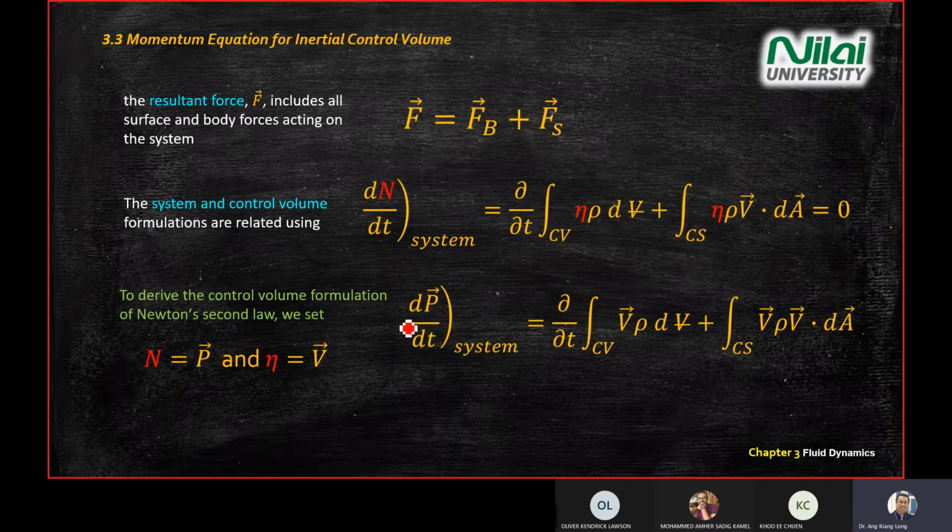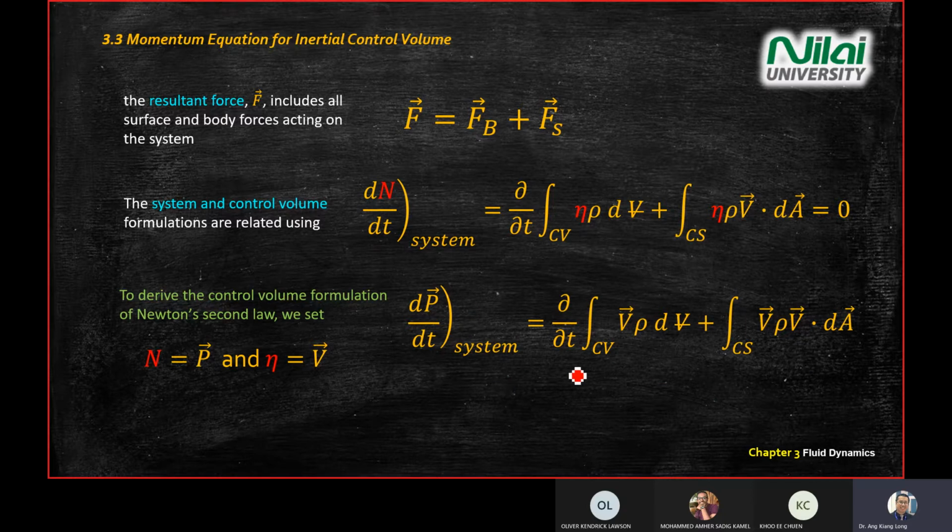The rate of change of your momentum equals what happened in the control volume plus what happened in the control surface. So remember the form. If the question asks you to find something and you write out the continuity equation and momentum equation, you will get the free 2 marks just for the equation. So again, it's very easy to score for this module.